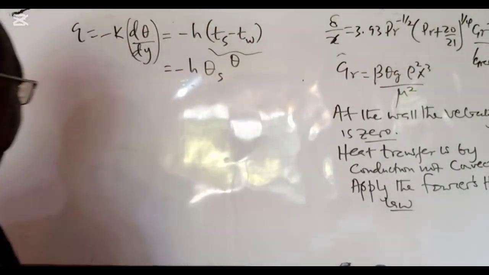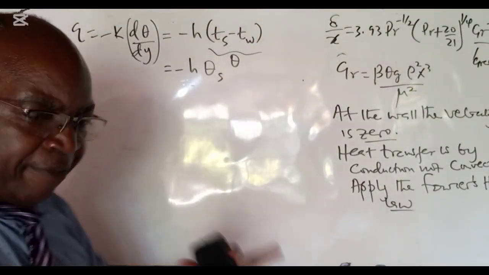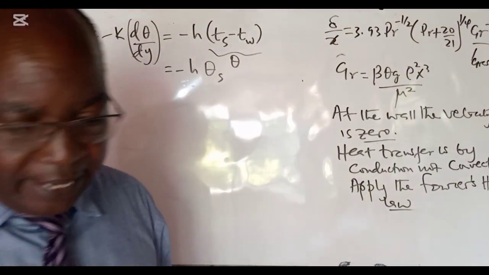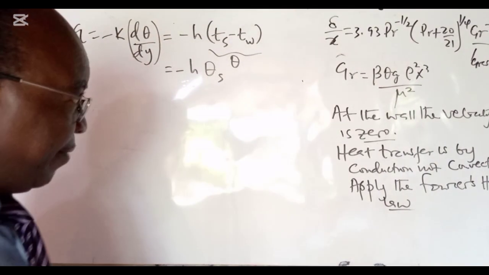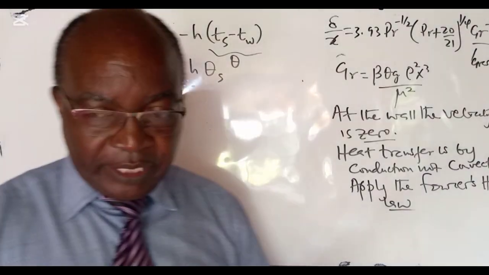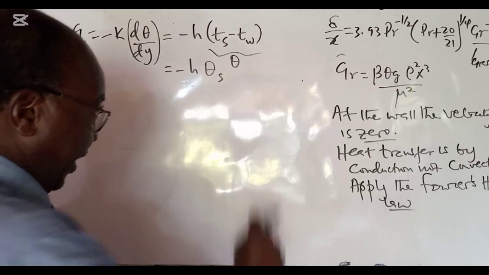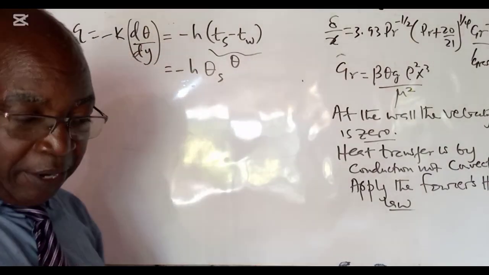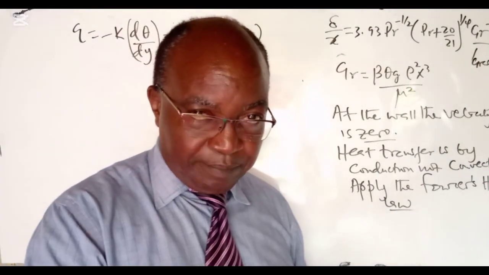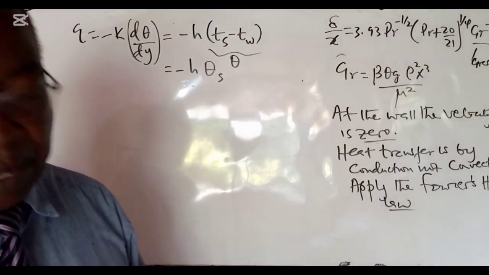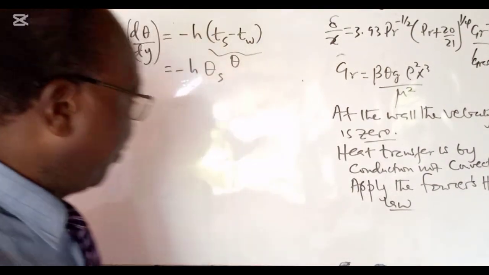Now, the thermal boundary profile and the velocity profiles, remember we have said that the thicknesses of the thermal boundary layer and the velocity boundary layer, when I'm talking about thermal, you can think of it also as the temperature boundary layer, are one and the same thing, both equal.